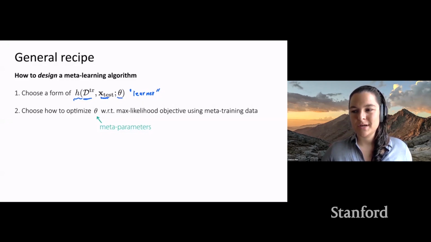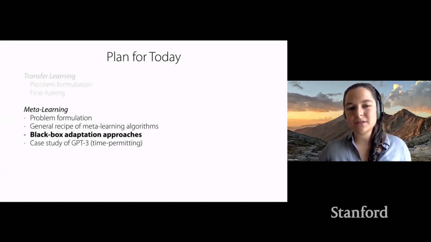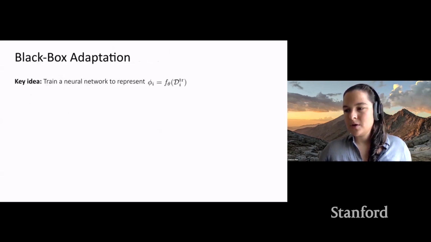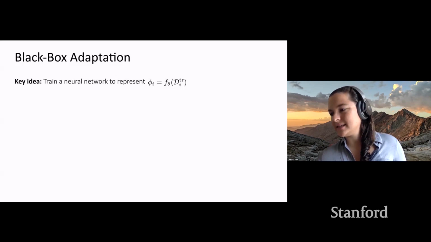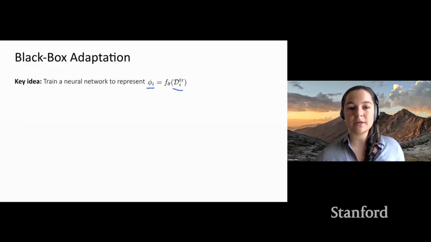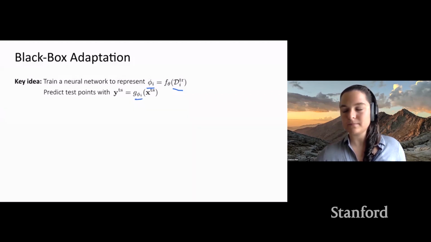Okay, so this is the general recipe, and really the simplest way to instantiate this is what I'll call black box adaptation, where the key idea is to train a neural network to represent this learner that takes as input a data set and outputs a set of parameters, and then predicts test data points with a model with those parameters.